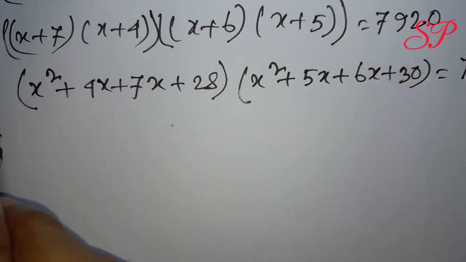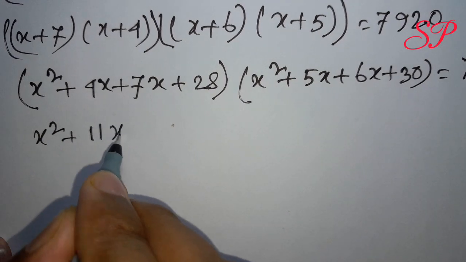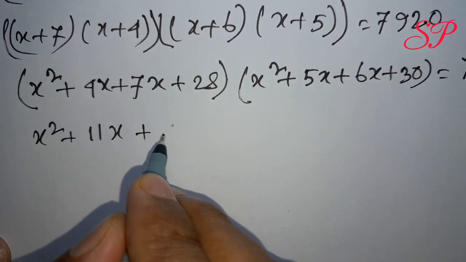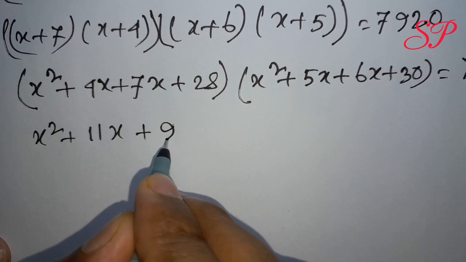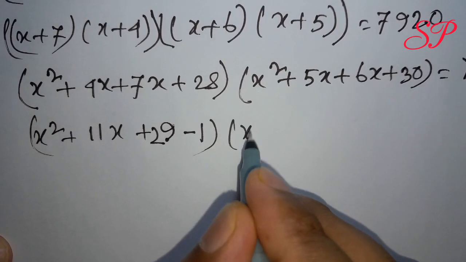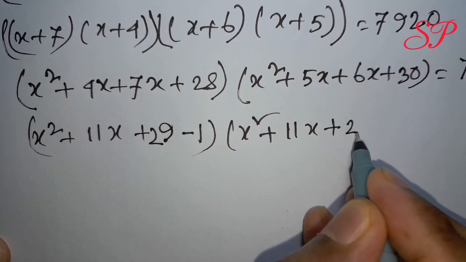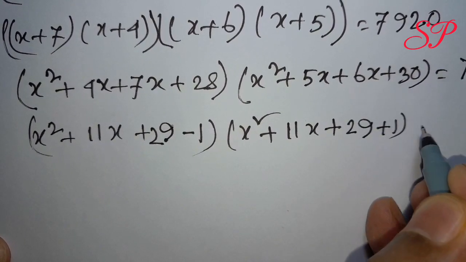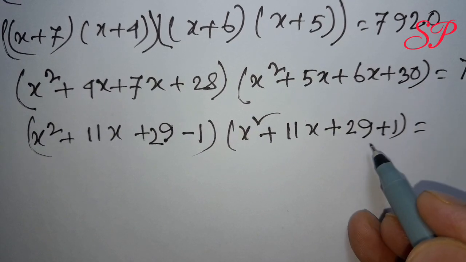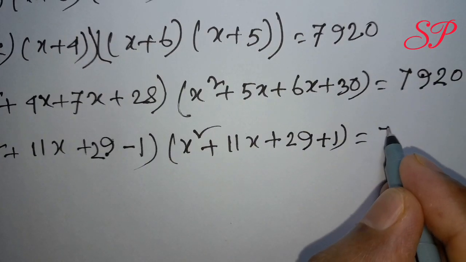Next we can write here 11x plus 28, which is 29 minus 1, and 11x plus 30, which is 29 plus 1.